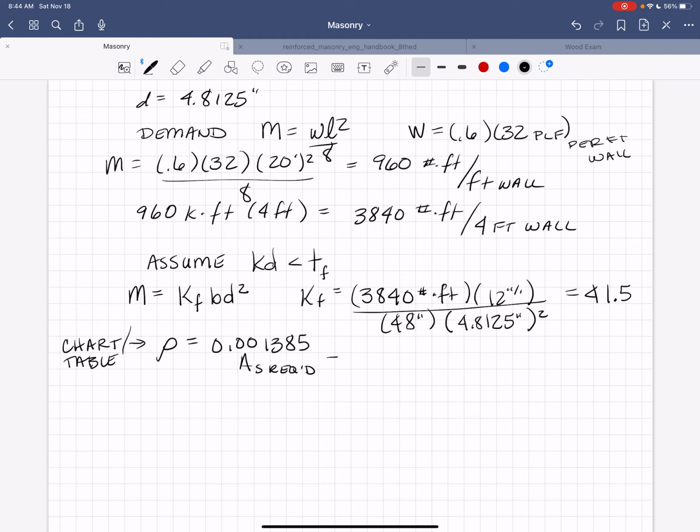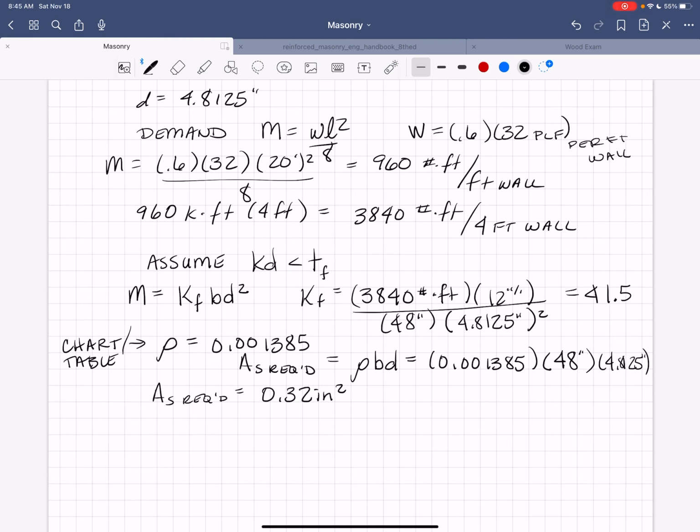As required is then rho b d. So I'm going to take that rho, and again, I could use fewer figures here because I'm still going to have to match this to a bar. So rho times b d, 48 by 4.8125 inches, and I get an As required of 0.32 inches squared.